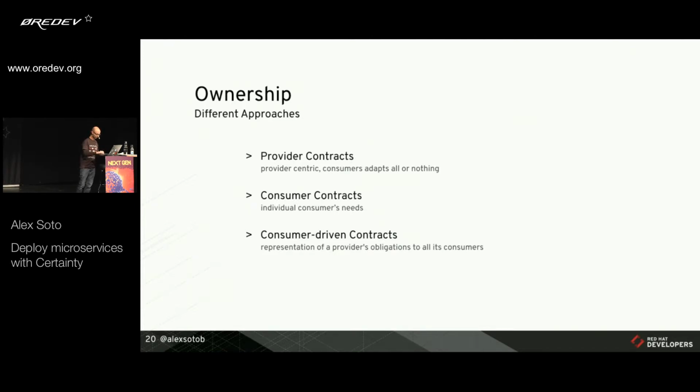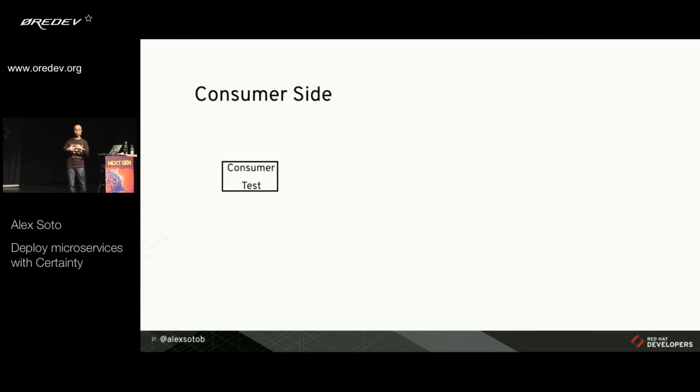So let's see how consumer-driven contracts work. And of course, since we have consumers and we have providers, we have two different ways of doing things. The first one is on the consumer side. The consumer side has a test, which is called the consumer test. And you can write your contract by just opening your text editor and writing the contract there.